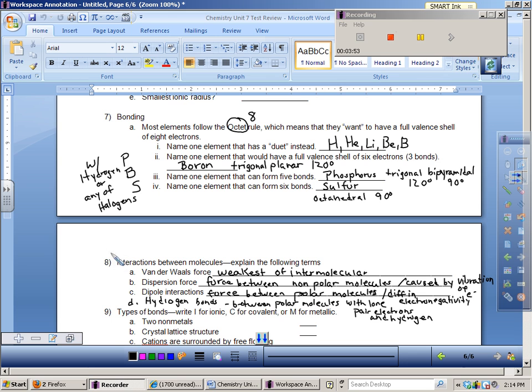Okay, so please be sure that you're aware of dispersion and dipole: dispersion for nonpolar, dipole for polar, and then with some of your polar molecules, you're going to also have hydrogen bonding that occurs between those lone pair electrons and the hydrogens that are slightly positive.